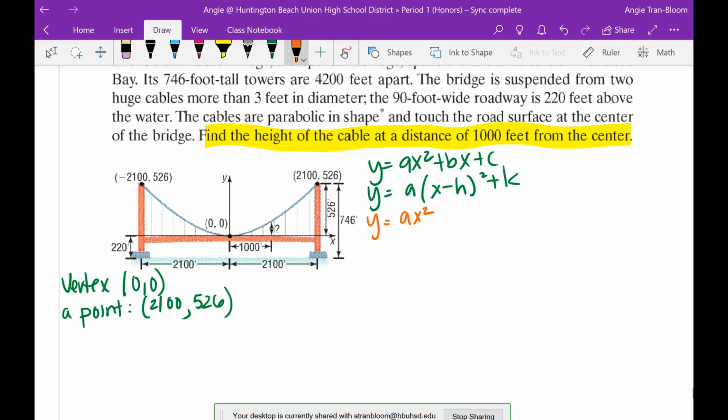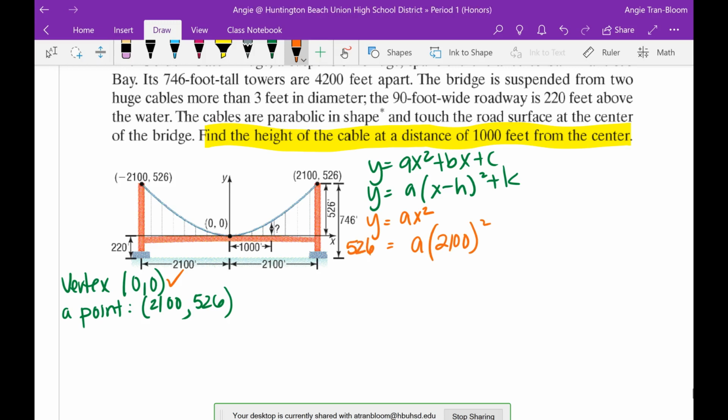I need to find a. How do you go about finding a? That's why we need a second point, right? So now I'm going to plug in what for x? 2100 squared, and then y is going to be 526.